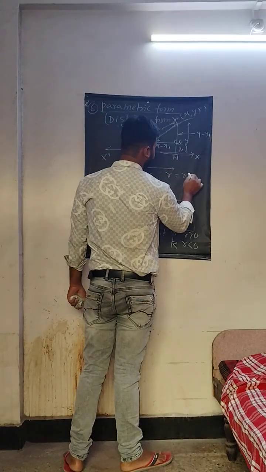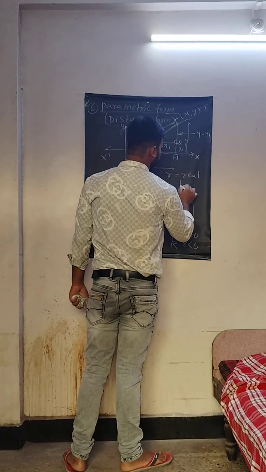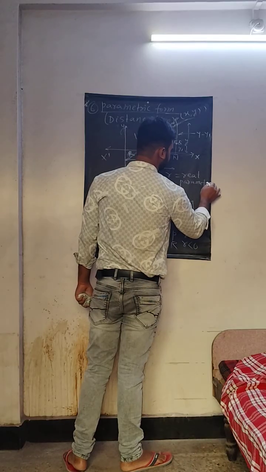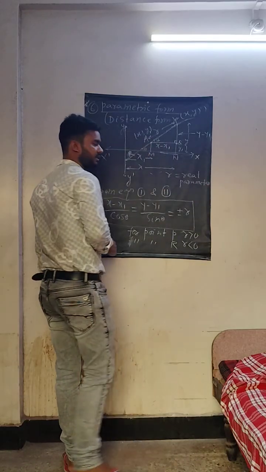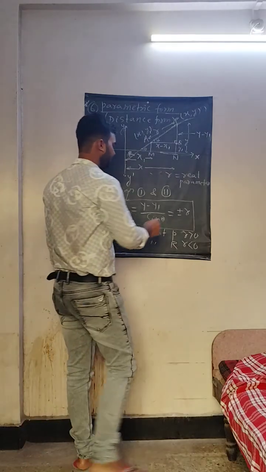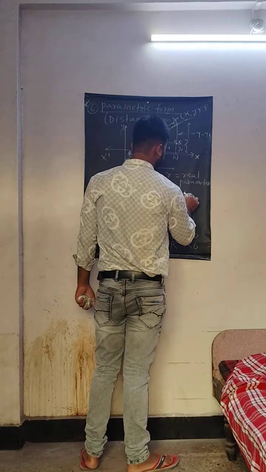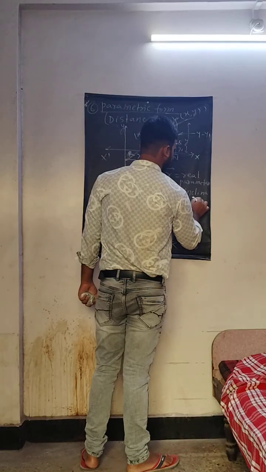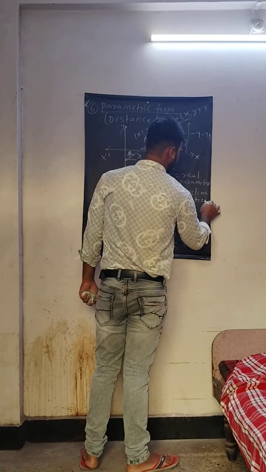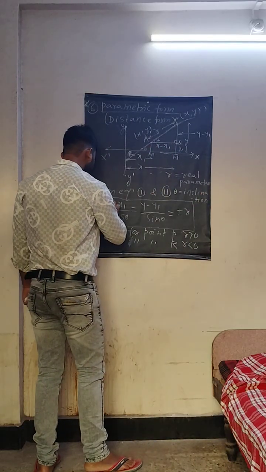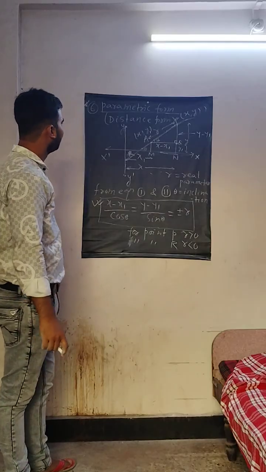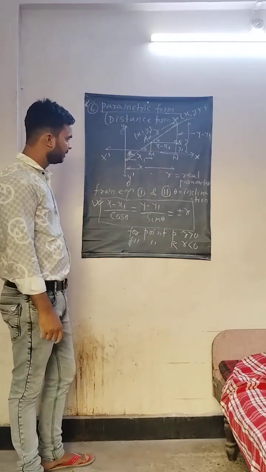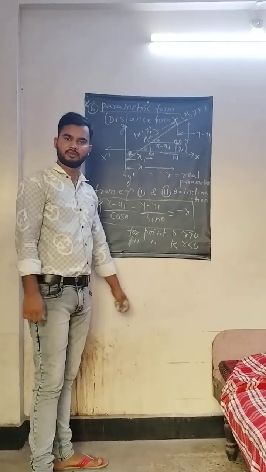R is a real parameter, and theta is the inclination of line. Okay, this form is called equation of line in parametric form or distance form, where r is the real parameter and theta is the inclination. Okay, thank you.